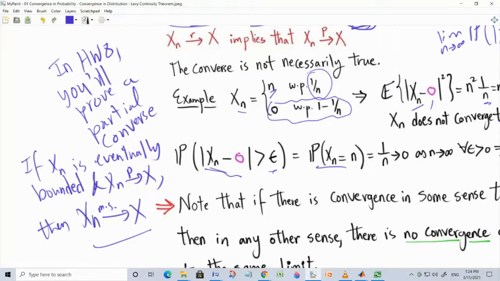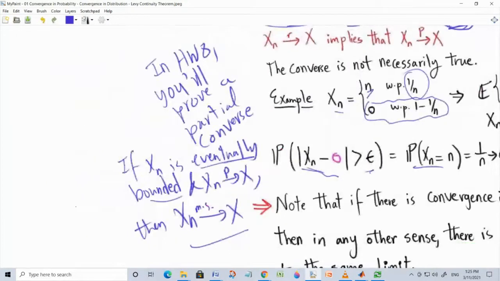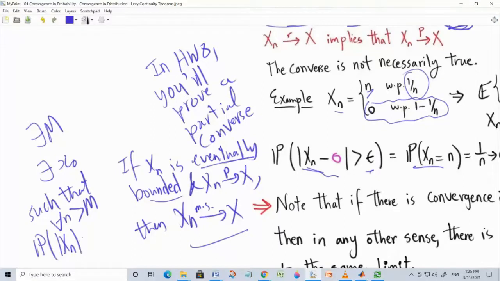One condition is that the sequence is eventually bounded, which means that there exists some index big M, and there exists some threshold value, let's call it x0, such that for every n greater than big M, the probability that the magnitude of Xn is less than or equal to x0 is 1. So basically, the random variable is between minus x0 and x0 with probability 1. So it is eventually bounded. If that's the case, then you are guaranteed to have convergence in mean square. This will be the problem.